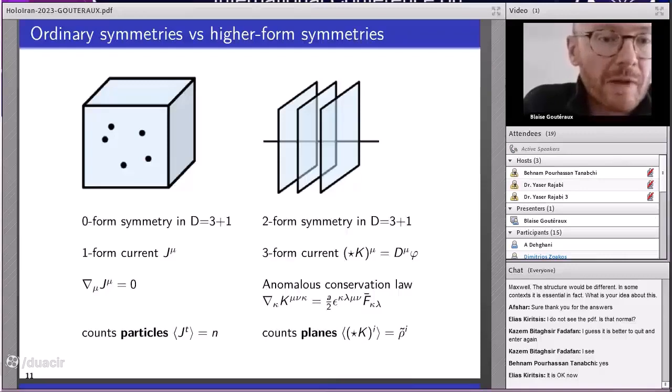In contrast, a higher form symmetry, here I'm taking the example of a two-form symmetry in 3 plus 1 dimensions, which is precisely the superfluid case that we saw for a 3 plus 1 dimensional superfluid, counts two-dimensional objects and gives us a three-form current. It has this anomalous conservation law. It counts planes, those winding planes that I was talking about.